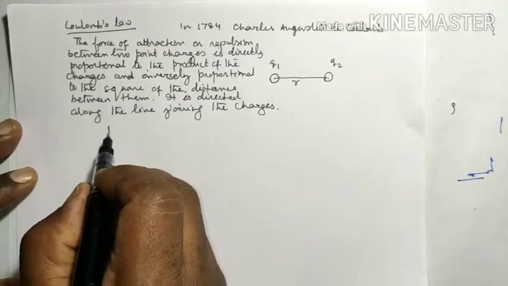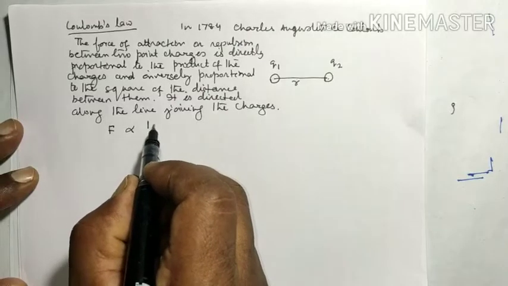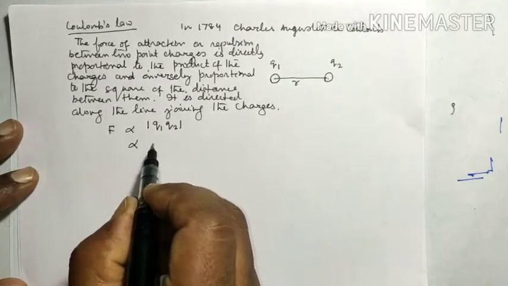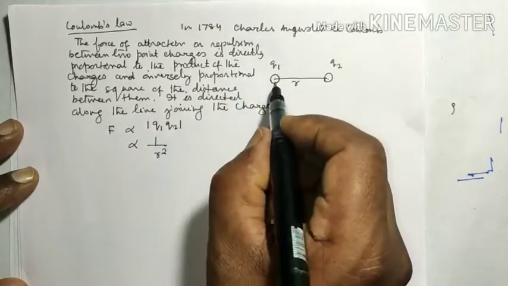So mathematically, the magnitude of force F is proportional to the magnitude of the product of their charges, mod of Q1 Q2, and inversely proportional to the square of the distance between them.